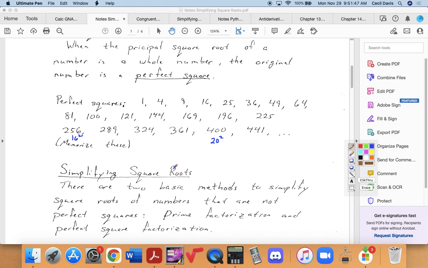All right, so those are perfect squares. Now, we talk about those because we can use them to help us simplify square roots. So, when do we simplify square roots?